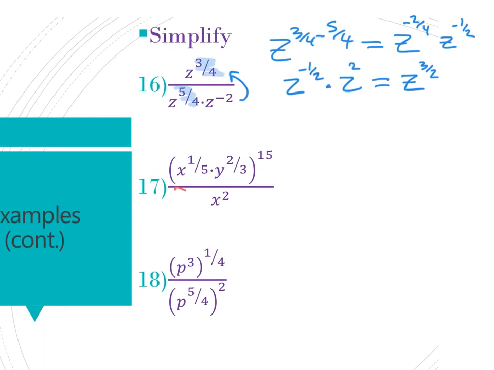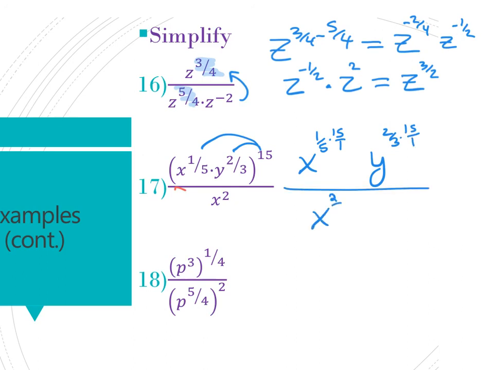Over here, I'm going to apply the power to the power. I'm going to multiply these. So this becomes z to the 1/5 times 15/1, y to the 2/3 times 15/1. And then remember, it also goes to the denominator. So then this would become, actually it's only on the numerator, sorry. So the denominator is just gonna stay x squared, because that 15's only on that parentheses.